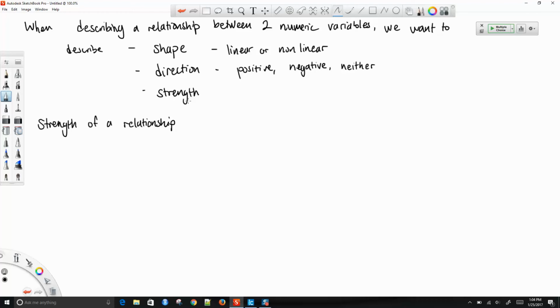For the strength of a relationship, we can have strong, weak, or something in between, such as moderate. Strong would indicate that there is little scatter around the trend line.